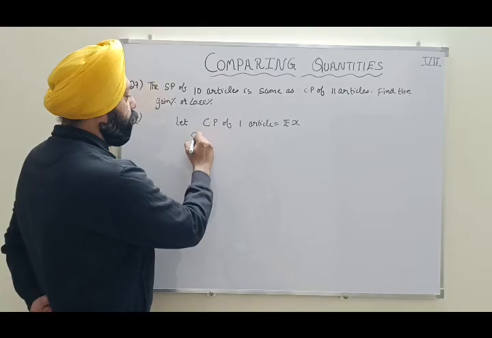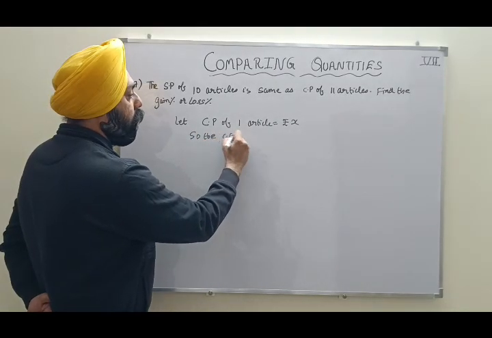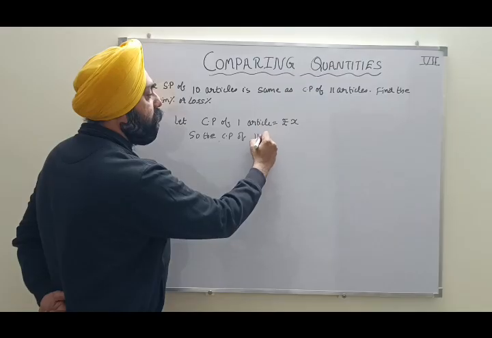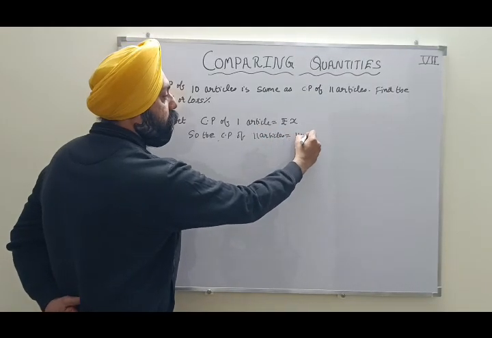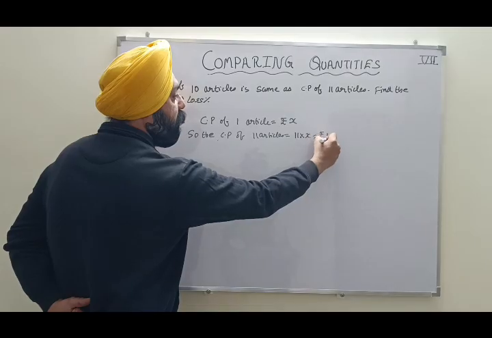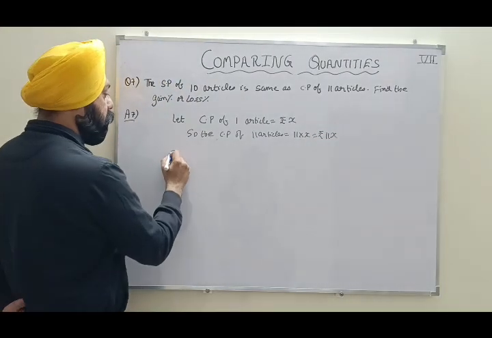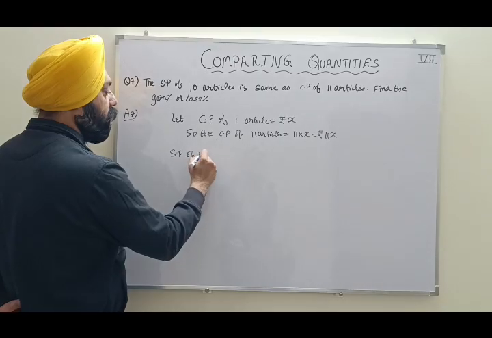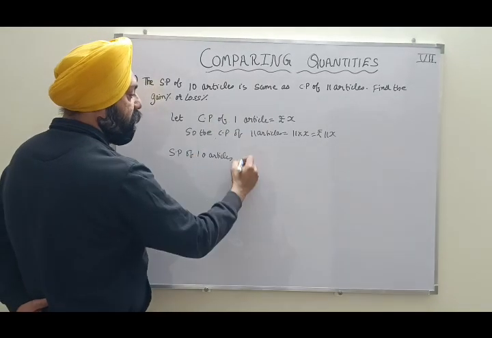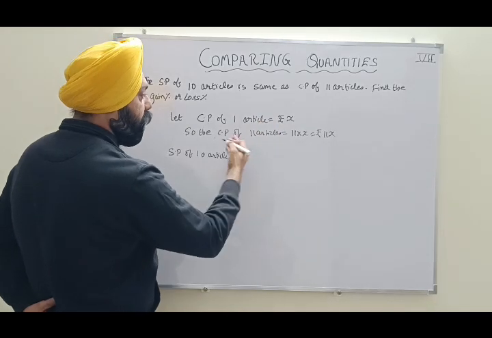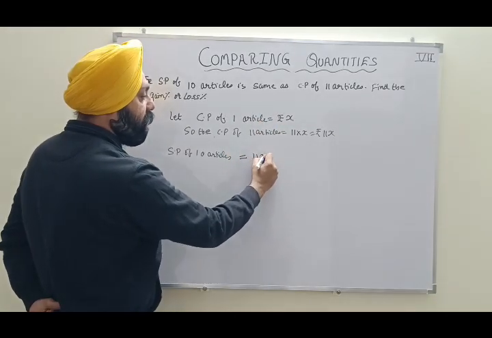So the cost price of 11 articles will be 11 into X, that is rupees 11X. Now what is given in the question? SP of 10 articles is the same as CP of 11 articles, and CP of 11 articles we have found to be 11X.